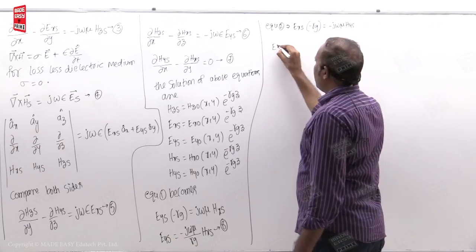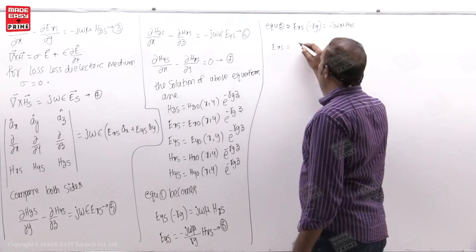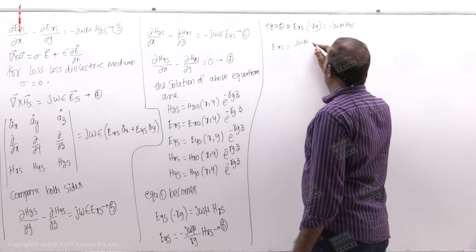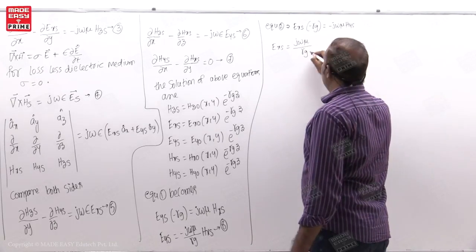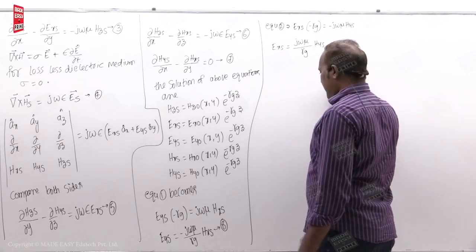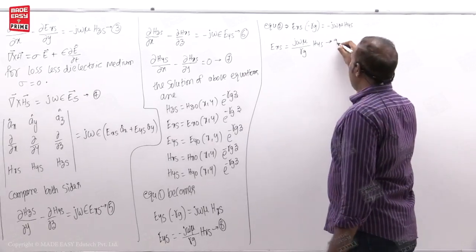So ultimately Exs is equal to minus minus gone, so j omega mu divided by gamma g and Hys is there, right? This is equation number 9.